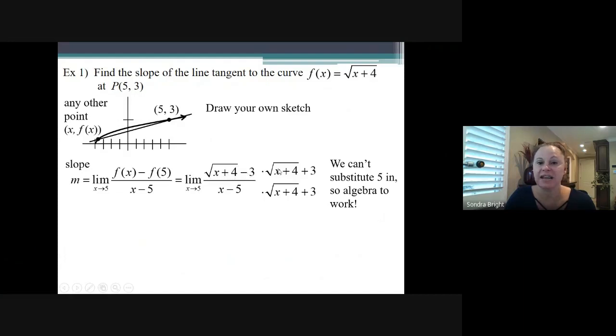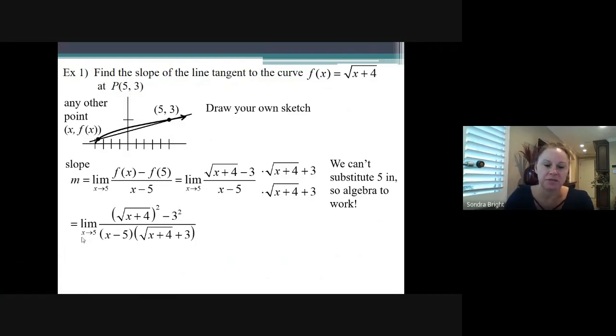You change the sign, and I can do that as long as I multiply top and bottom by the same thing. The trick here is don't distribute this x minus 5 into the denominator, but do go ahead and multiply out the radical x plus 4 minus 3 and the radical x plus 4 plus 3, but leave the x minus 5 still factored in the denominator. You do need to keep writing this limit as x goes to 5.